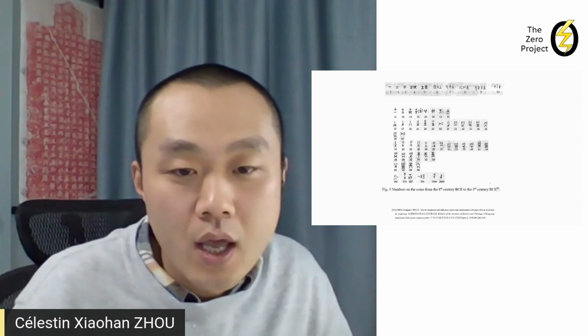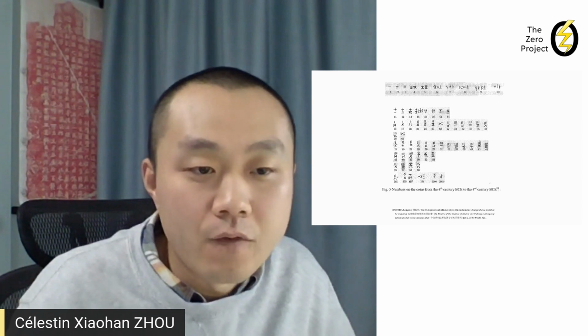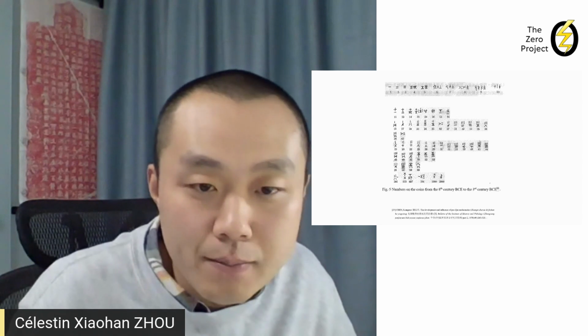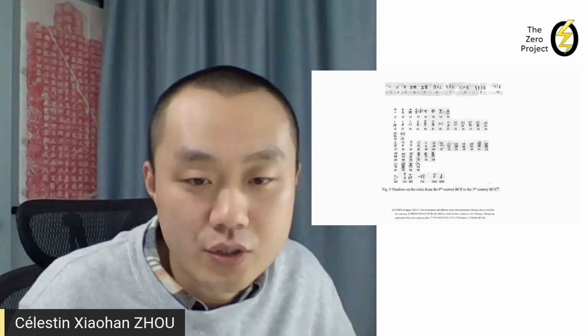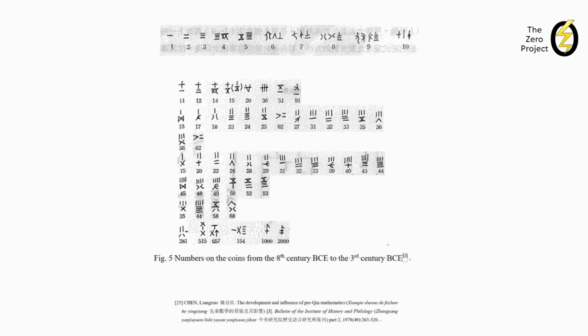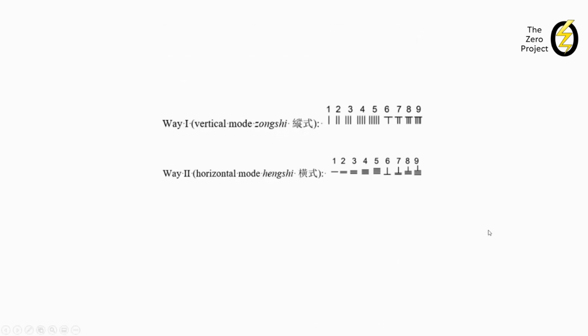At the beginning of the discussion about the methods of multiplication and division, the text reads, for all the methods of mathematics, the practitioner must first know the position where a digit is put. The units are expressed by a vertical mode, and the tens are expressed by a horizontal mode.